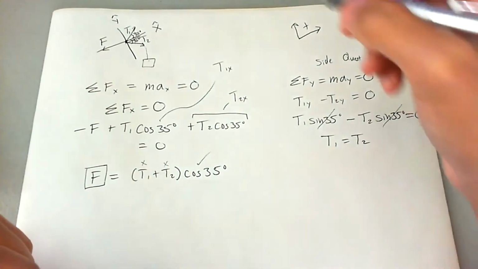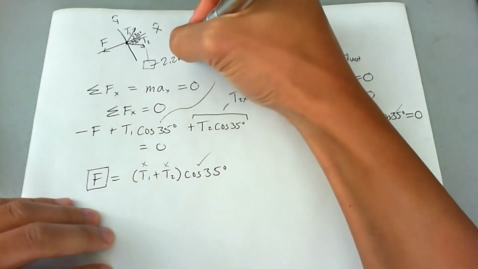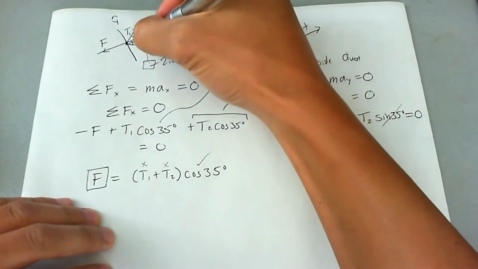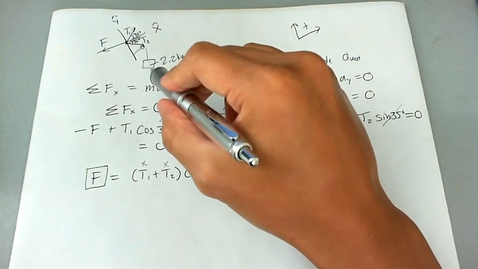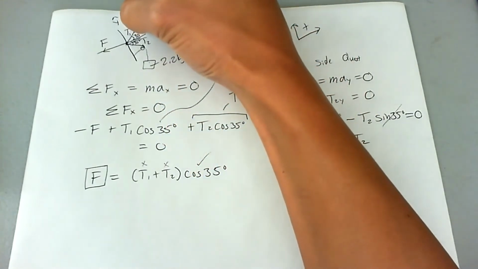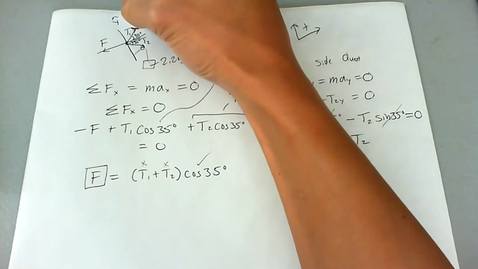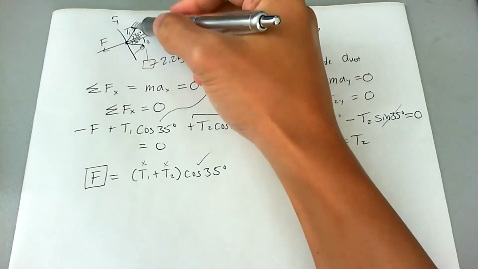The next point we want to look at is that there is a 2.2 kilogram mass hanging off of a pulley that's stationary right here. This is something that you looked at in the problem. And this right here, this T1 rope is held up stationary to some sort of ceiling with a pulley on it.